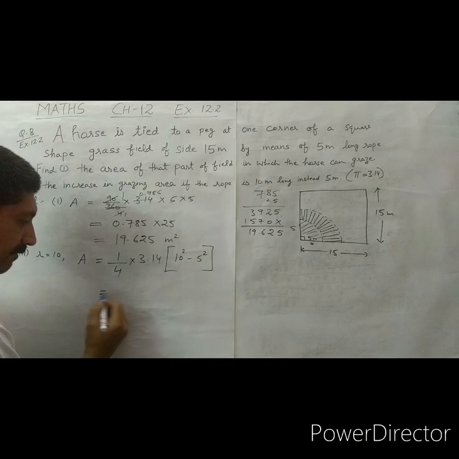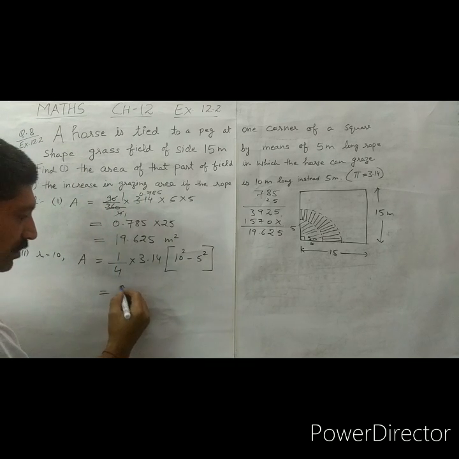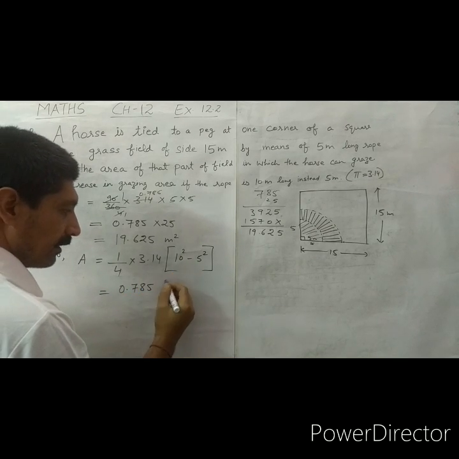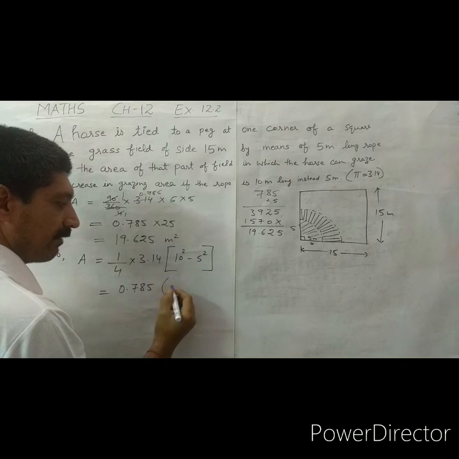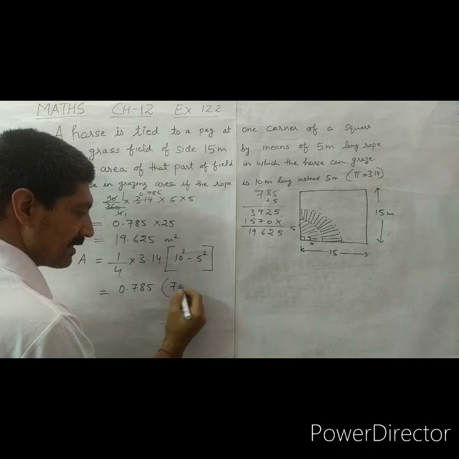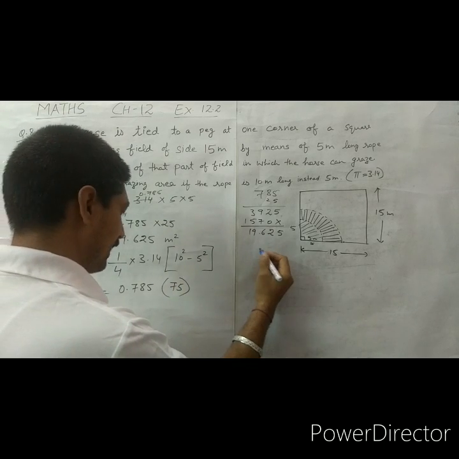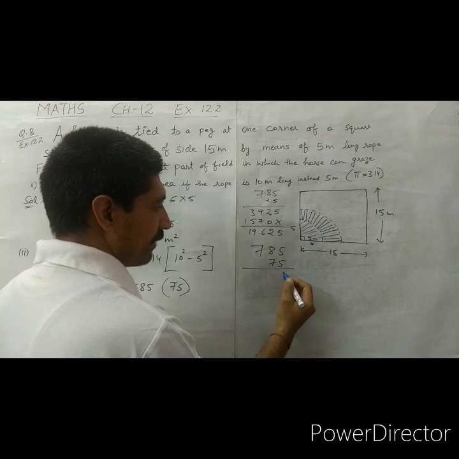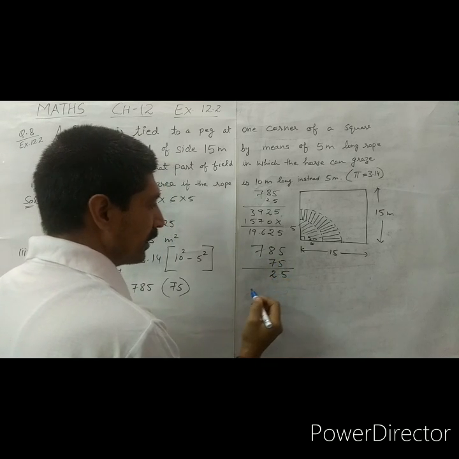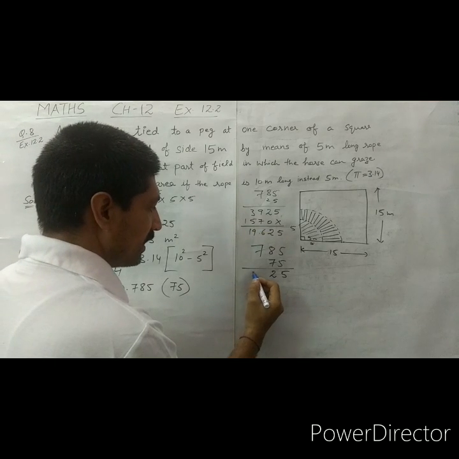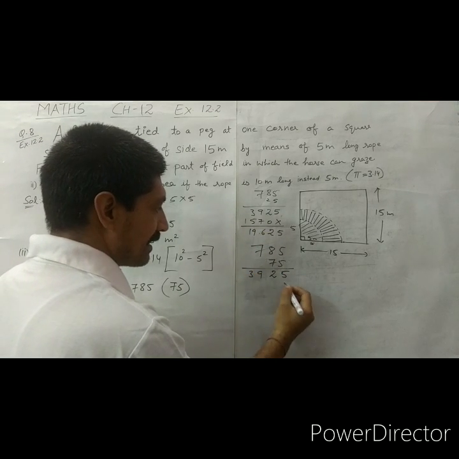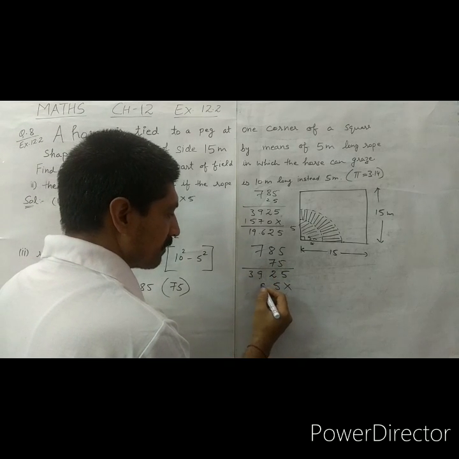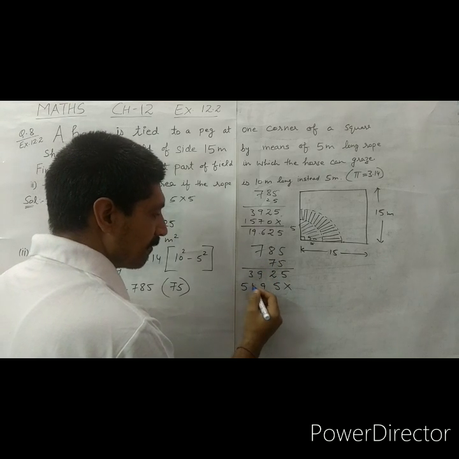Here we have 3.14 into 4, that is again 0.785, and here this is 100 minus 25. 100 minus 25 is 75. So we will again go with the calculation, 785 with 75. 5 5s are 25, 40, 42. 7 5s are 35, 56 plus 3 59, 49 plus 5 54.